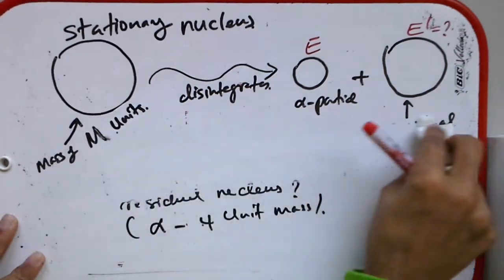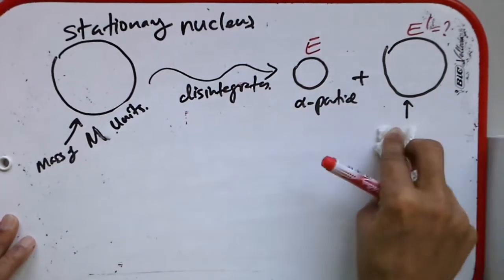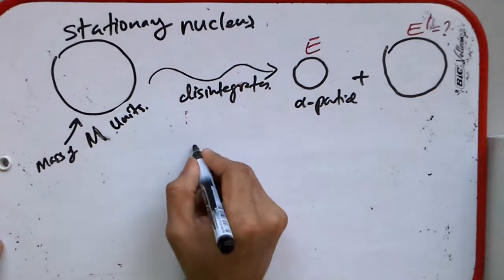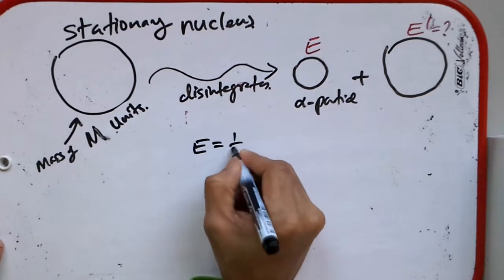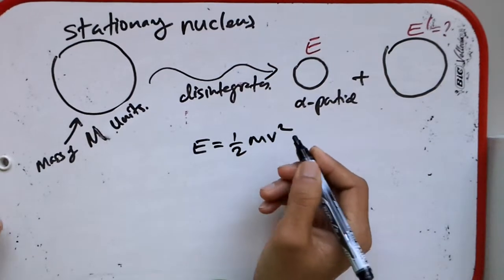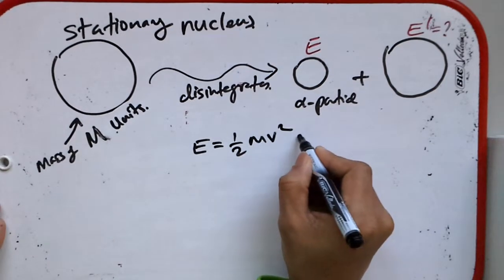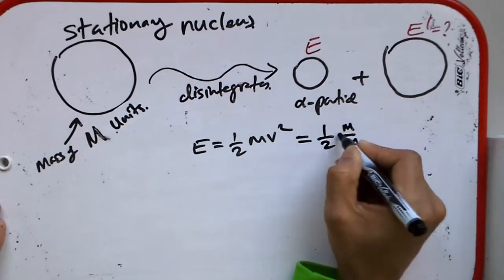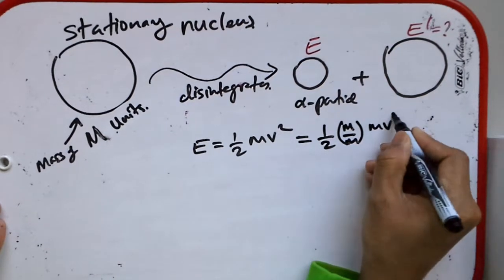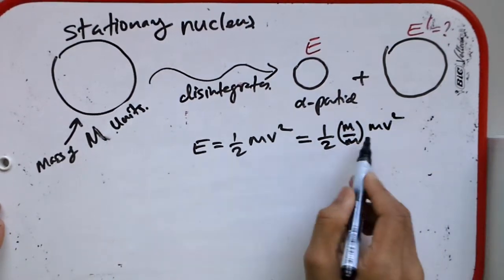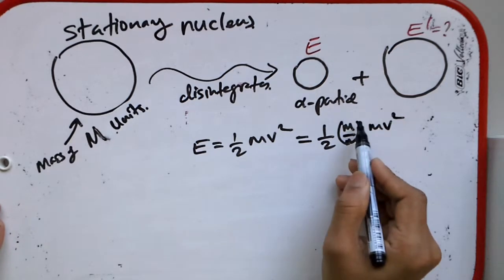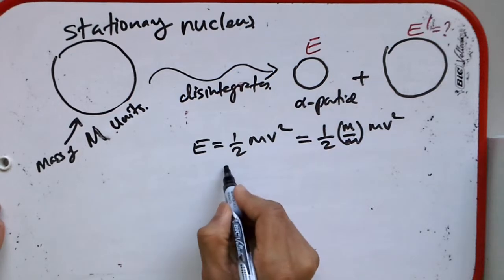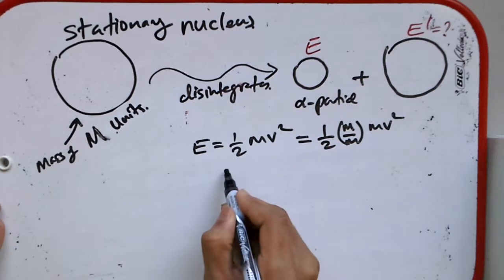So first let me explain one thing. Kinetic energy is given by half mv squared. What I'm going to do is multiply top and bottom by m, and write mv squared. You see these two are exactly the same. I just multiplied top and bottom with the same variable m.